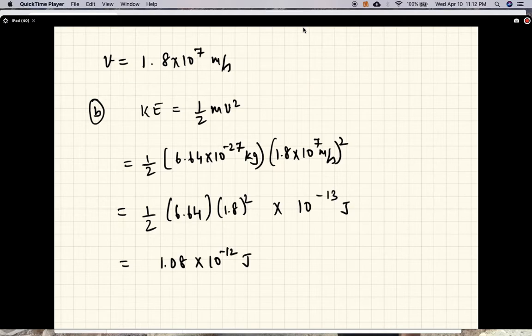Okay, and you can look up conversions. 1 electron volt is 1.6 times 10 to the minus 19 joules. Okay, that's the conversion. I'll do it in the next line.